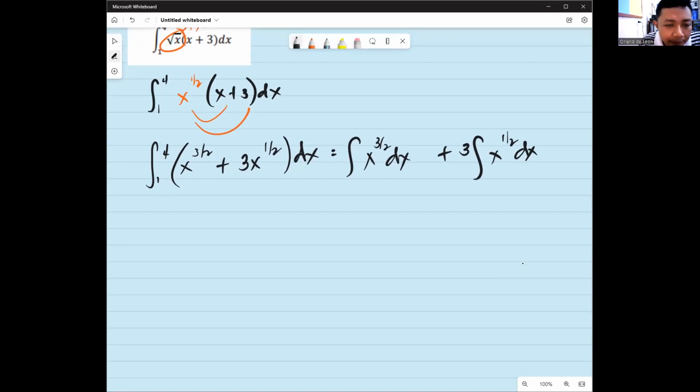Let's continue. The integral of this will use the power rule: add 1, and whatever is in your exponent, you copy it in the denominator.